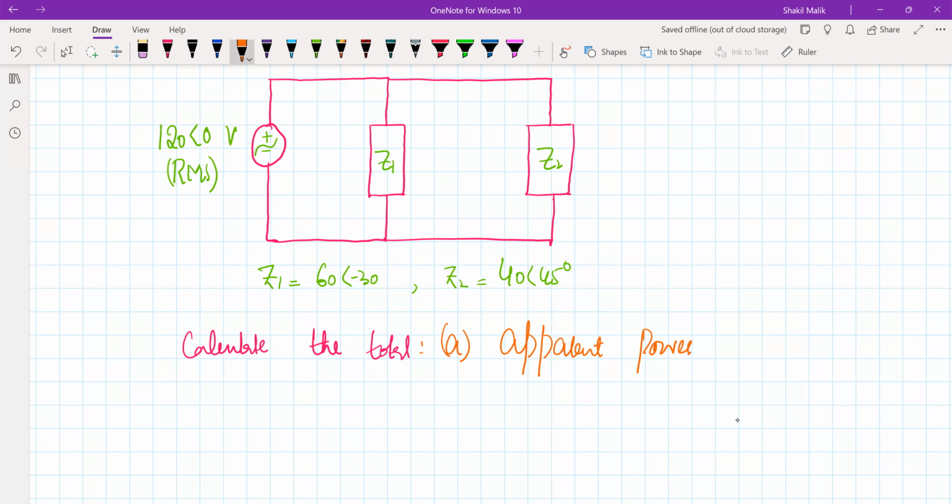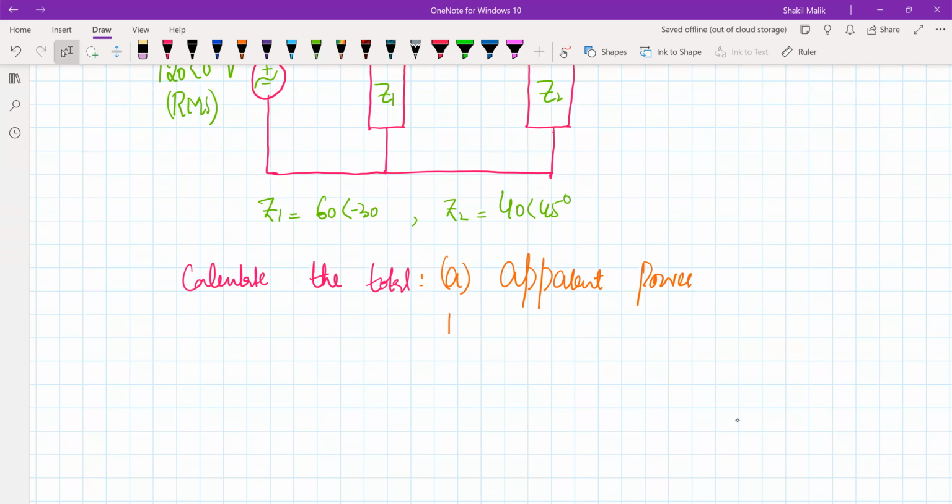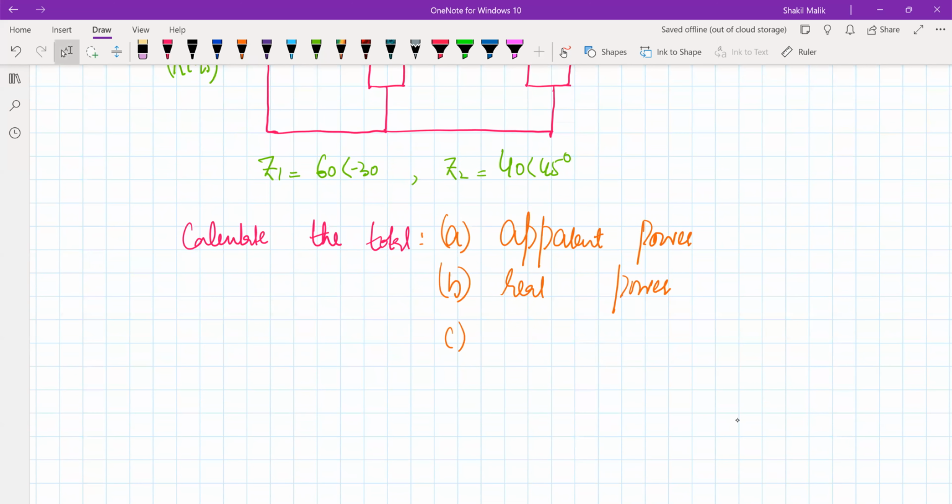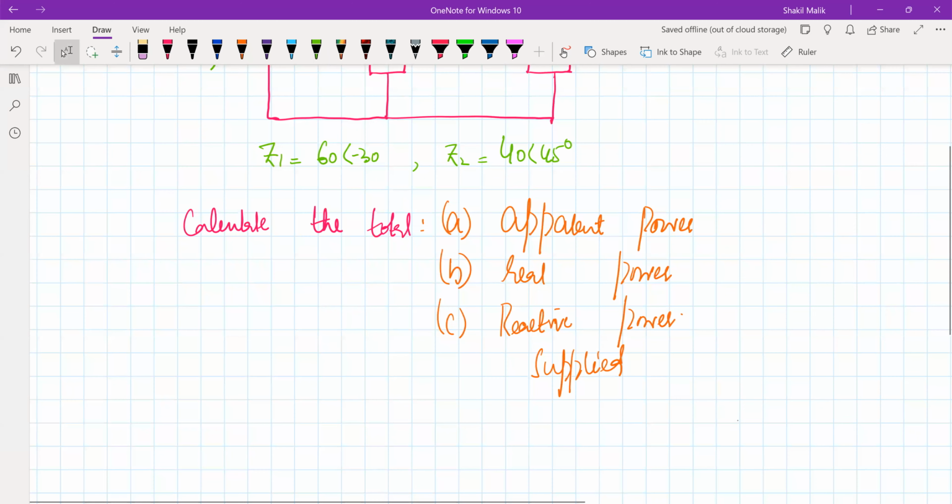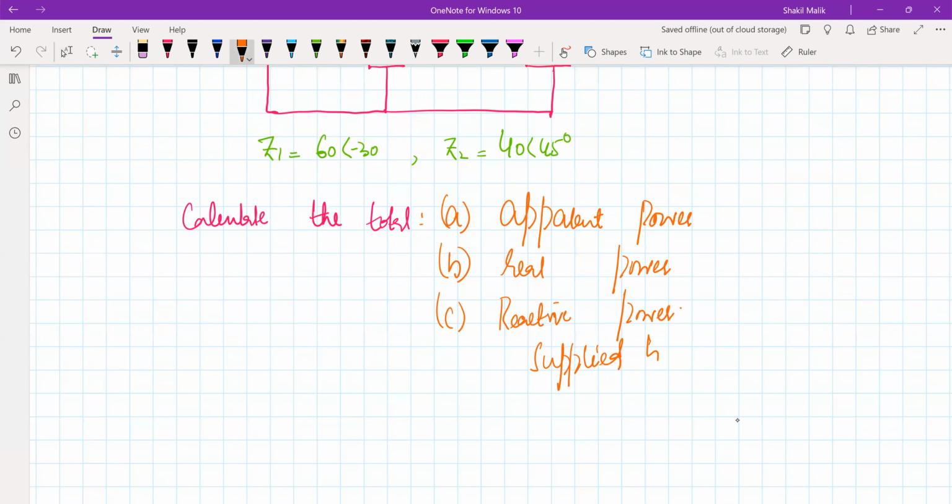The second part is the real power, and the third part is the reactive power, supplied by this 120 volt source. So this is the first part of the problem.